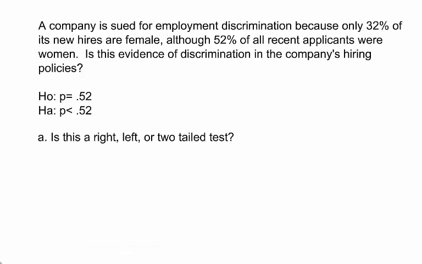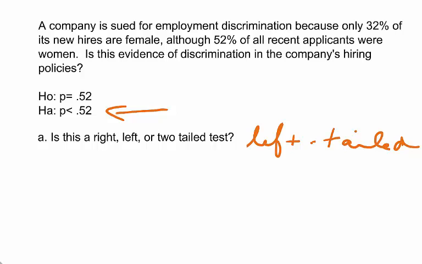Is this a right, left, or two-tailed test? This is a left-tailed test. We know that it's left-tailed for a couple of reasons. One is that our alternate hypothesis states p is less than 0.52, and the other has to do with terminology in the problem.